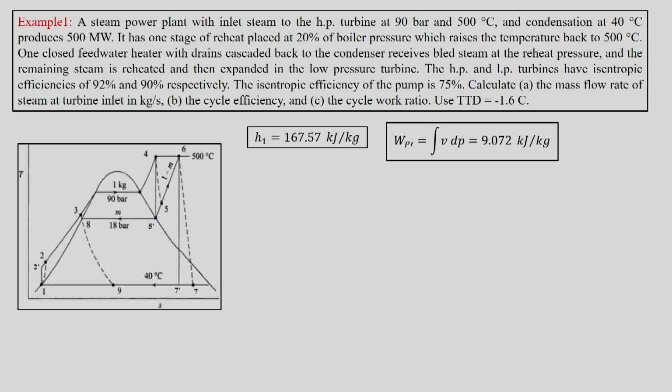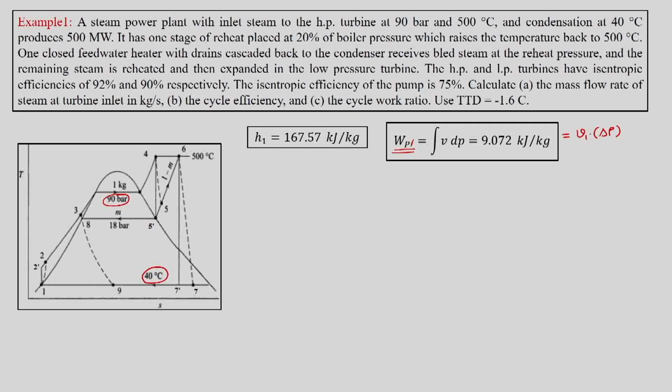Then we know that actual pump work is to be evaluated, but before that we will evaluate the ideal. Dash means ideal pump work, and for ideal pump work we can use V1 into delta P, where delta P is the pressure difference between the pressure corresponding to 40 degrees Celsius and 90 bar.